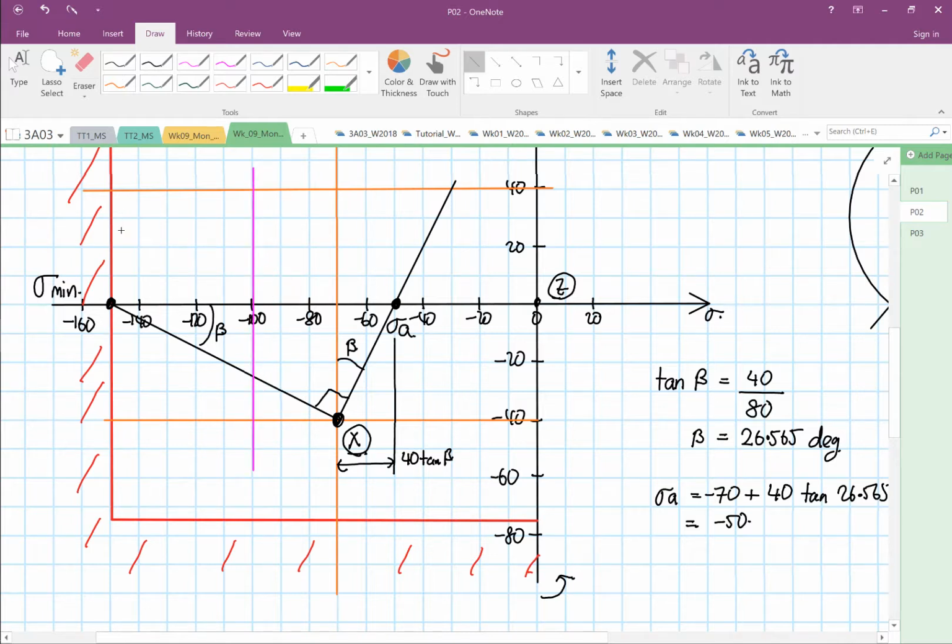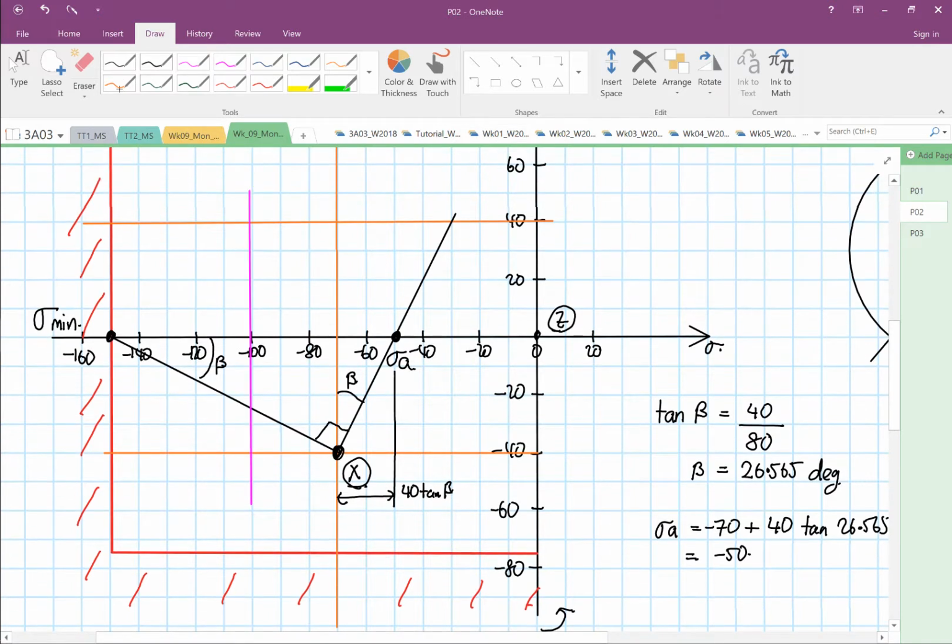So now you can draw a circle past the 50 line. You use your compass and draw the circle.